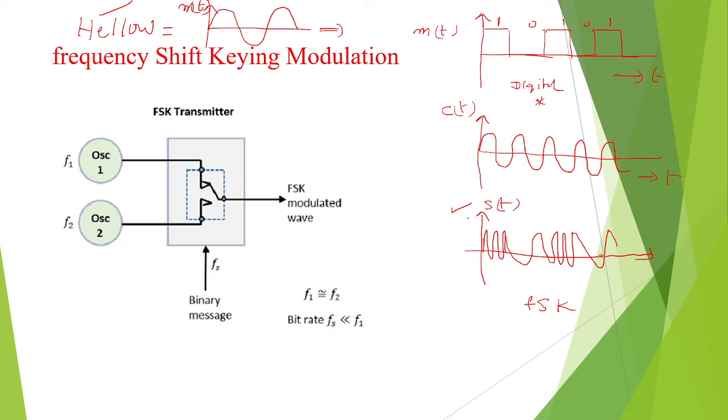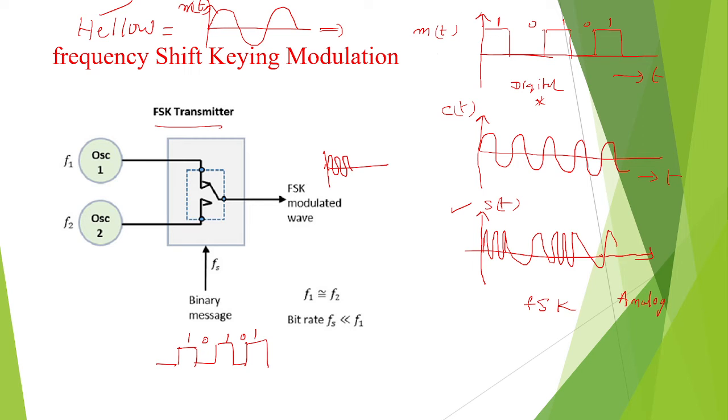Think about this, students: the digital modulated signal output, that is FSK, is an analog signal, not digital. Here you can see the FSK transmitter. This is the binary input signal, binary ones and zeros, 1 0 1 0 1, and we need to modulate this. When the binary input is 1, the switch connects to oscillator 1 and it generates one frequency.